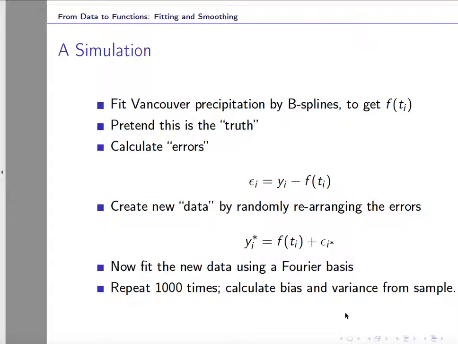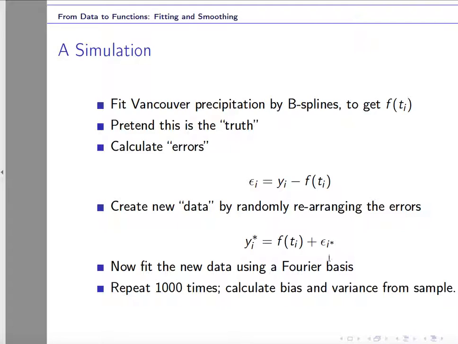So here is one simulation study. Basically, we first fit the Vancouver precipitation by B-splines, and we get the estimated f(t), and then we treat this f(t) as the true curve, okay? Then we calculate the fitted error y_i minus f(t), and we create new data by randomly resampling this error epsilon_i.